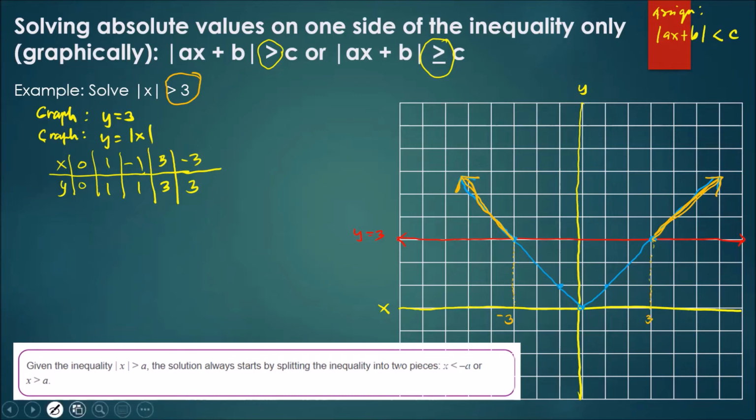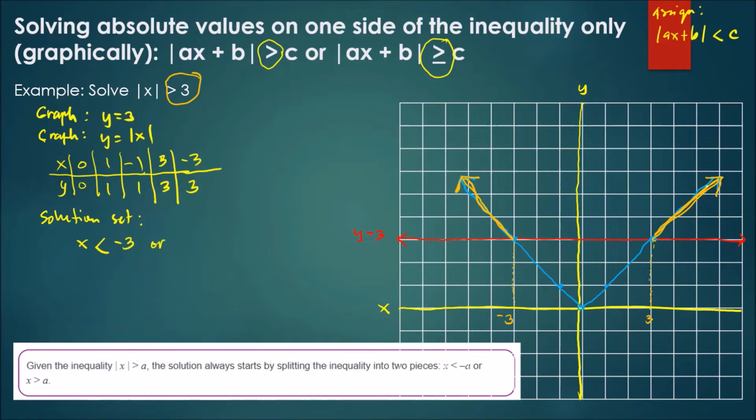So therefore, what is our solution set? So therefore, our solution set, how are we going to represent this part if we know that this is negative 3? So this part are all the values of x that are less than negative 3.